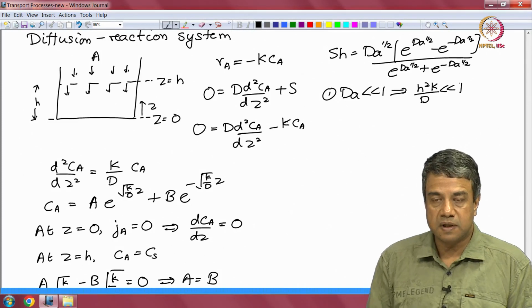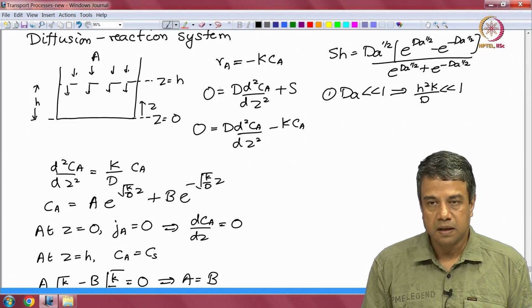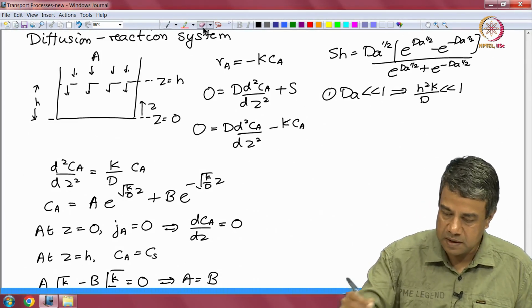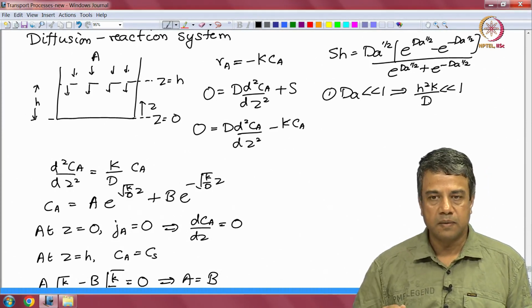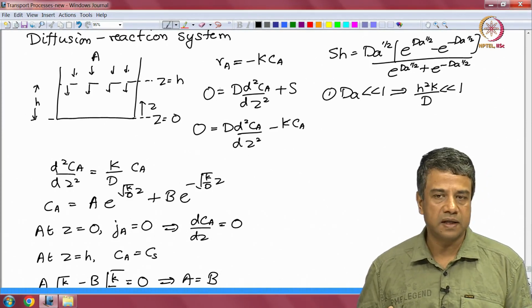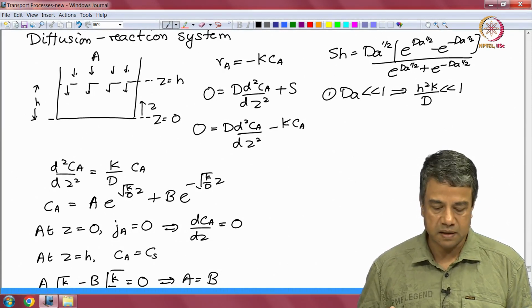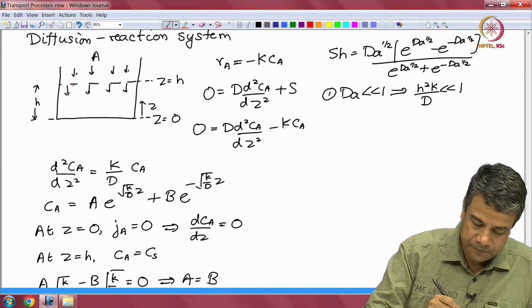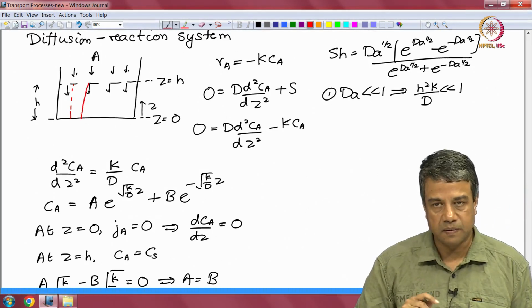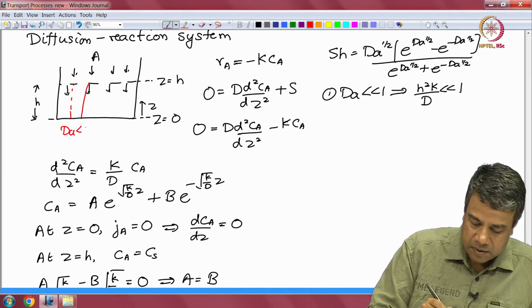That means that the diffusion rate is much greater than the reaction rate. If the rate of diffusion is much greater than the reaction rate, then the material will diffuse through the film before it reacts very much. That means that the concentration variation is not going to be very large in this case. So, there will be a relatively small concentration variation in the film. It will be almost a constant. This is for the Damkohler number much less than 1.